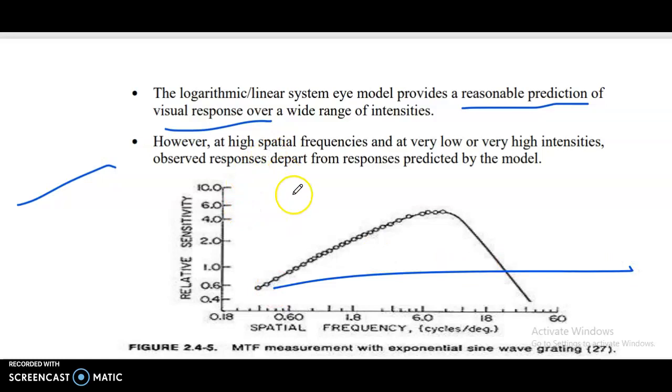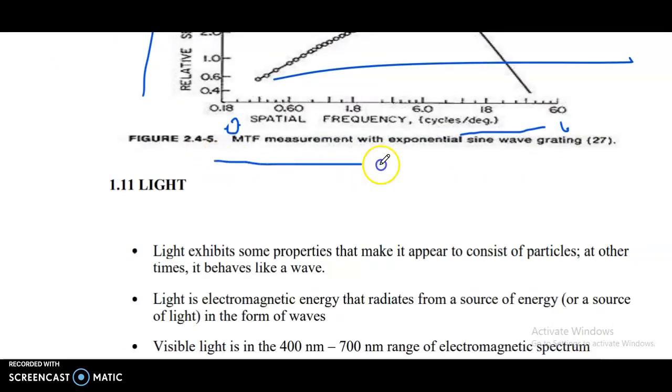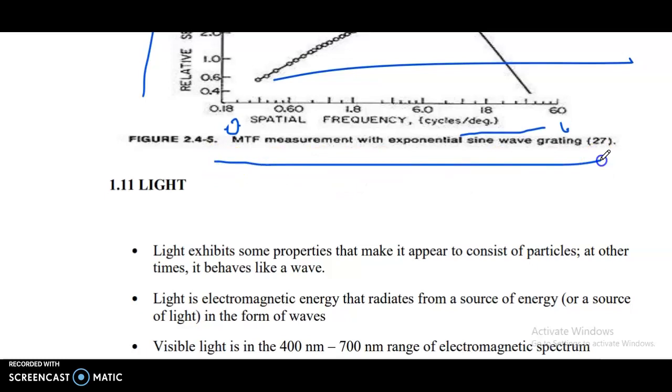However, at the high spatial frequencies, up to 60 cycles per degree, relative sensitivity 0.4 to 10, and at very low or very high intensities, observed responses differ from responses predicted by the model. MTF measurement with the experimental sine wave grating.